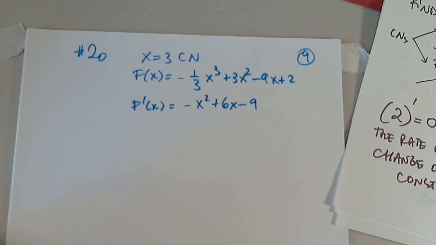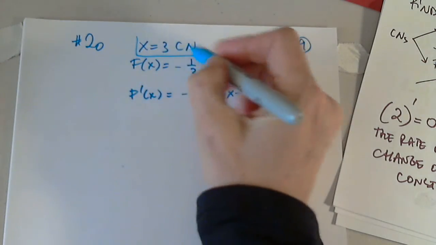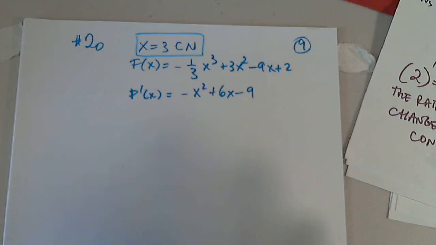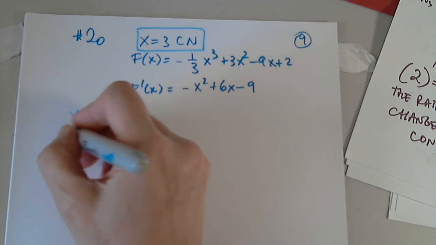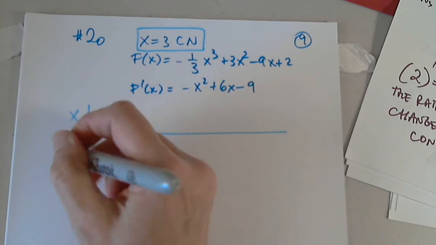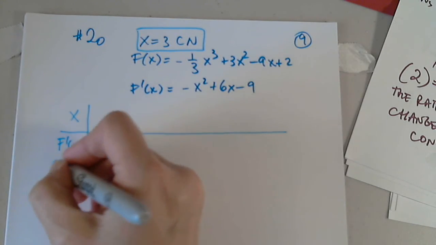So the question now is this. Okay, you're happy. You found a critical number. But does this translate into a max or min? I don't know. So here's what we're going to use. We're going to use a table. I will not take credit for it. It's not my invention. I wish it were.